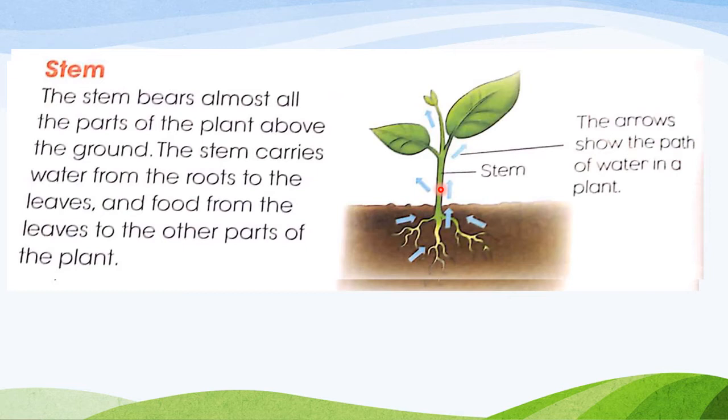The stem carries water from the roots to the leaves and food from the leaves to the other parts of the plant. It takes water from the roots, and takes food from the leaves and provides it to the other parts of the plant. The arrow shows the path of water in the plant. Here is the arrow. This arrow shows the path of the water.